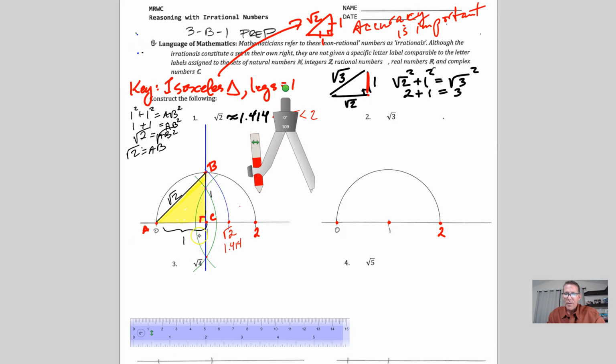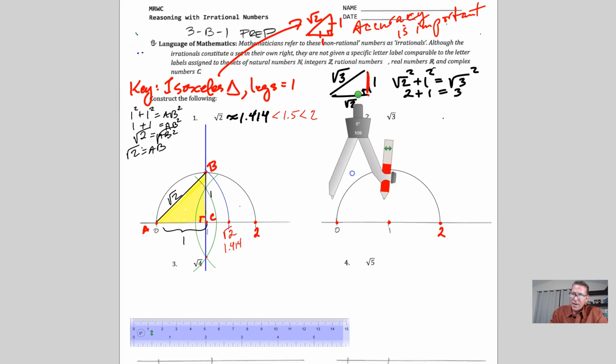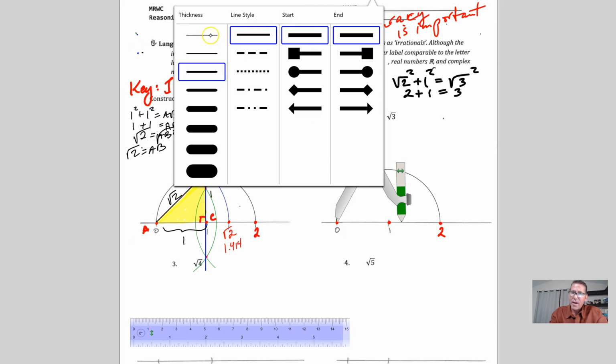I'm just going to repeat everything that I just did here. So now what I'm going to do is find root 2. So I come over here, and I want to construct the perpendicular bisector between 0 and 2, which will run right through 1, just like I did over here on the left. So I will open up my compass a little bit. I'm going to use the same color so you can see that it's the same idea.